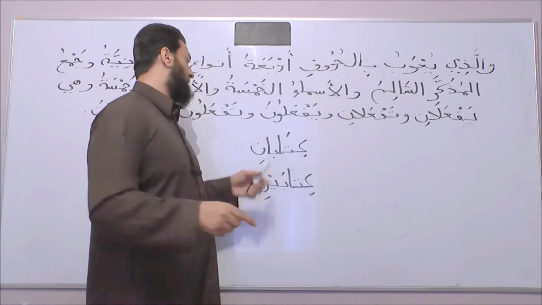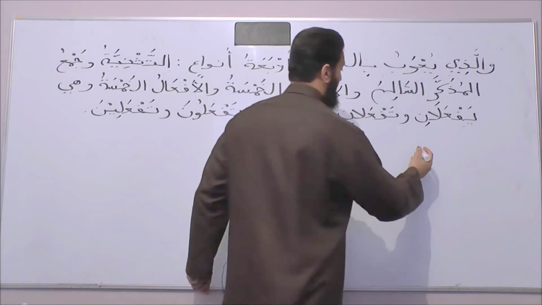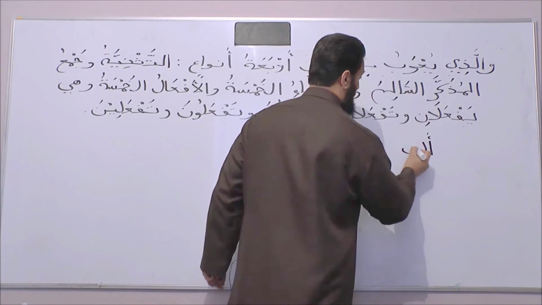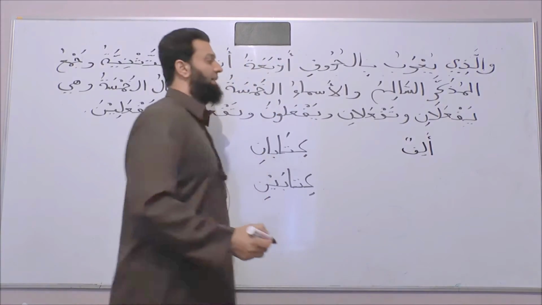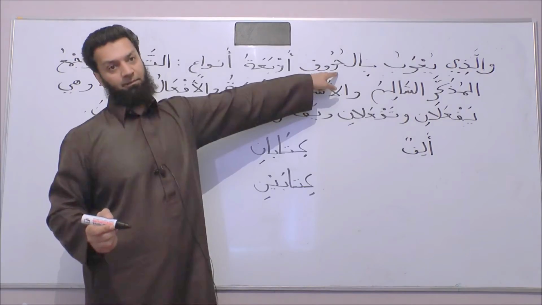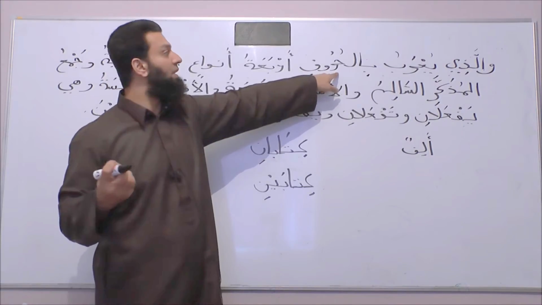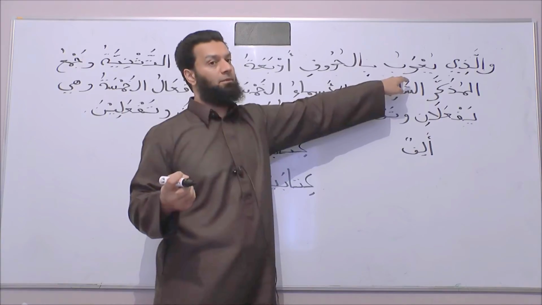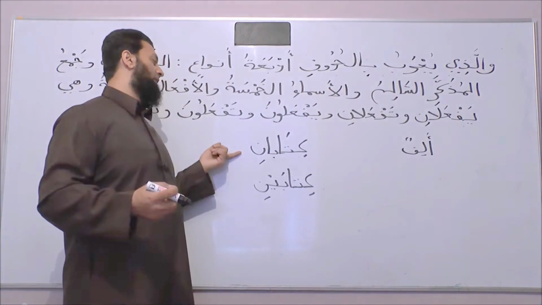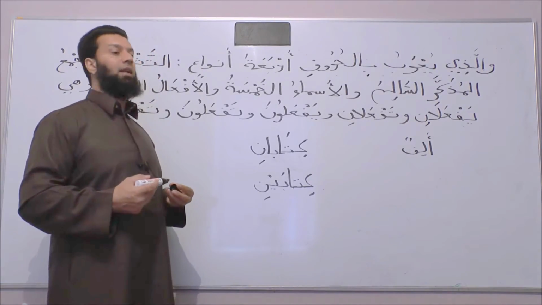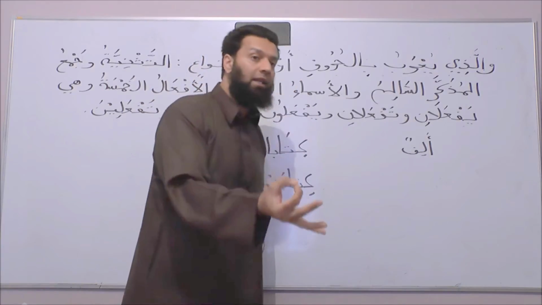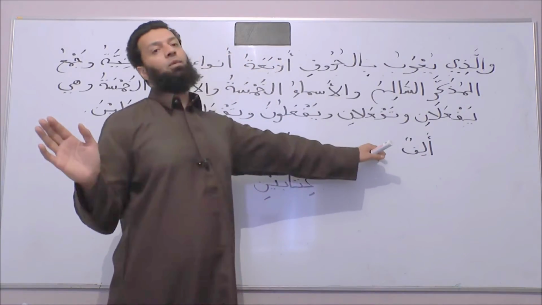Al-alif. The alif is the first of the letters which we use to identify the i'rab. So we said that kitabani is marfu' and its sign of raf' is al-alif.